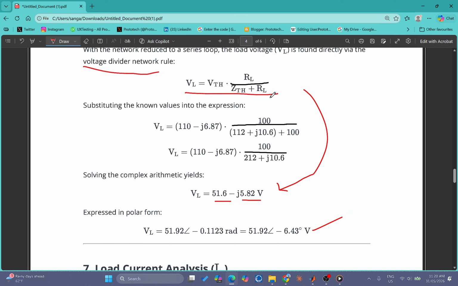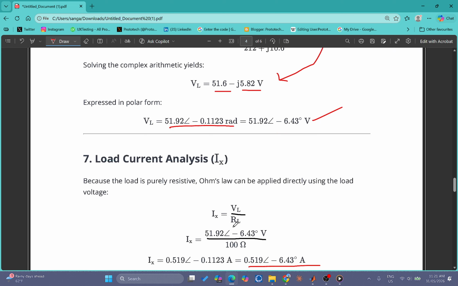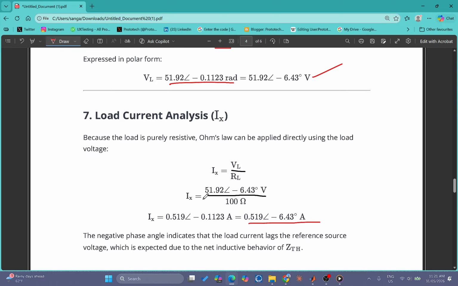Mathematically calculating it, we get 51.6 minus j5.82 volts, which is 51.92 at the angle of minus 6.43, in degrees, and this is in radians. And the load current calculation is very simple. I equals V by R, so VL divided by RL is simply 0.519 at the angle of minus 6.43.